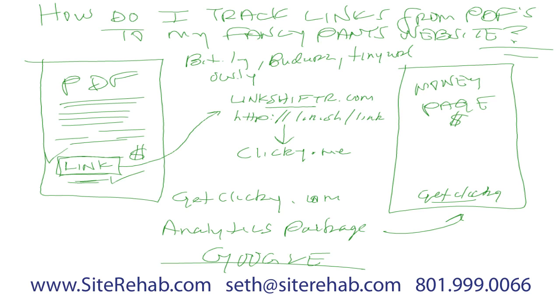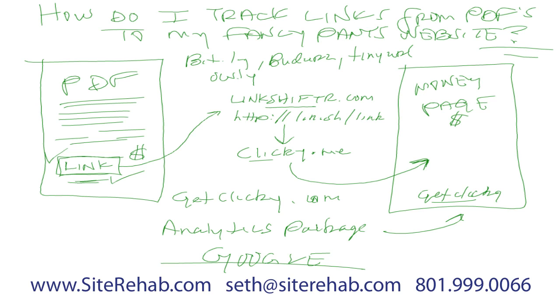So I'll take this link shifter link, I'll put it in Clicky.me, and Clicky.me is the link that you change out. If you want to change out certain things, you can change that out all day. But I'll take this link and have it go through Clicky.me, and then that will point to your website. Alright?